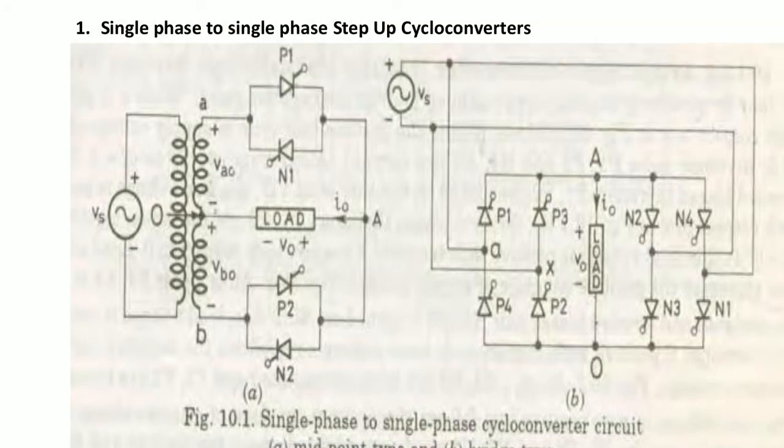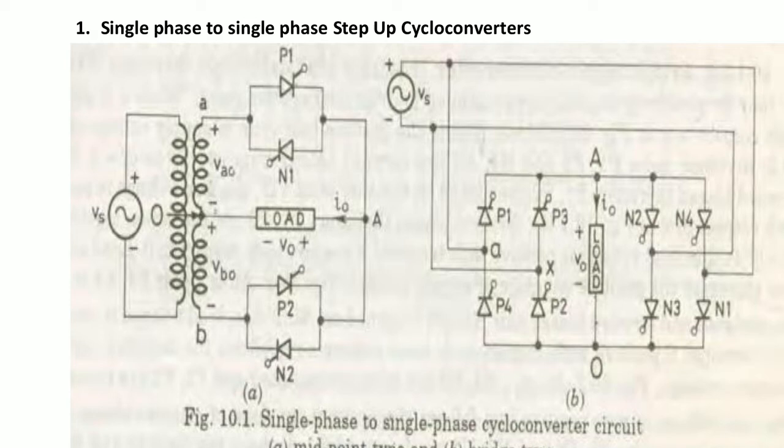That means at the anode of P1 there is positive supply, and the cathode of N2 is connected to negative supply and its anode to positive supply. Please concentrate on the first positive half cycle.